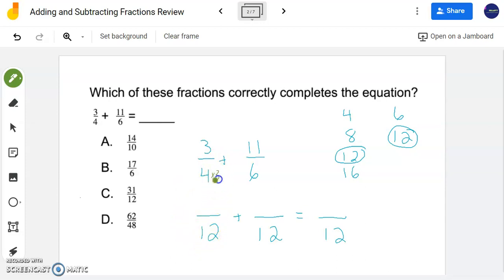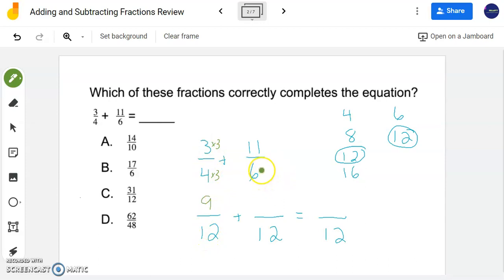Well, 4 times 3 is 12, and if I multiply my denominator by 3, I multiply my numerator by 3. So my new numerator for this fraction is going to be 3 times 3, which is 9. Now 3/4 is equivalent to 9/12. It's very important that you recognize that these fractions are in fact equal.